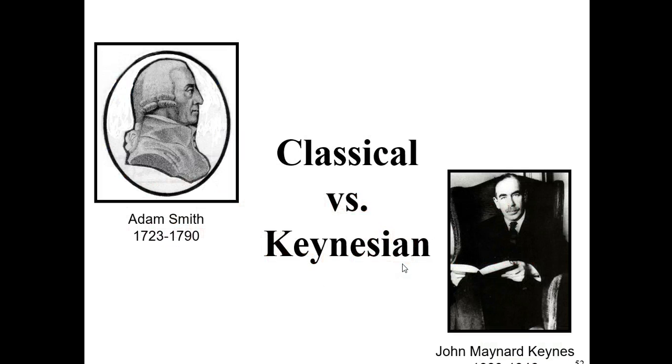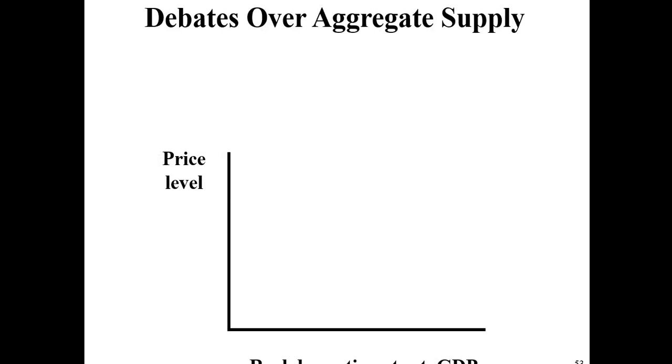The final part of this is the classical versus Keynesian. So last week you were introduced to the two economists, Hayek, who was a classical economist, and Keynes, Lord Keynes, who was obviously the author of Keynesian economics. And there are different viewpoints on how government policy should intervene in economic matters.